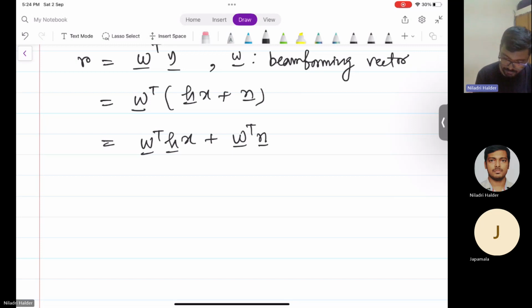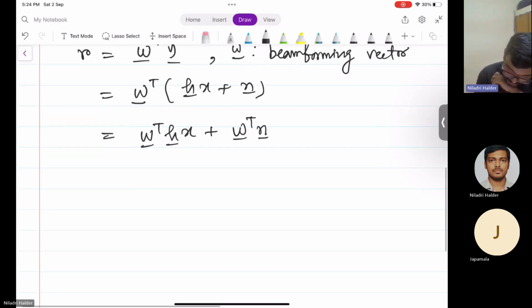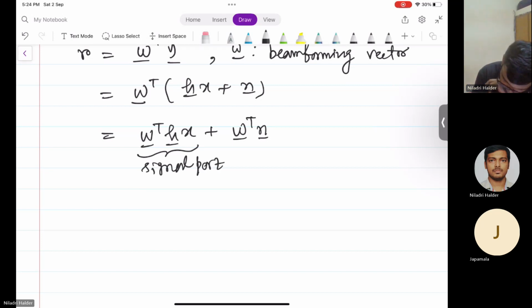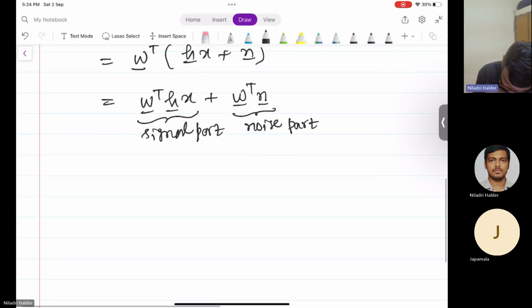This is the signal part, and this is the noise. So w transpose h we are taking as one unit.